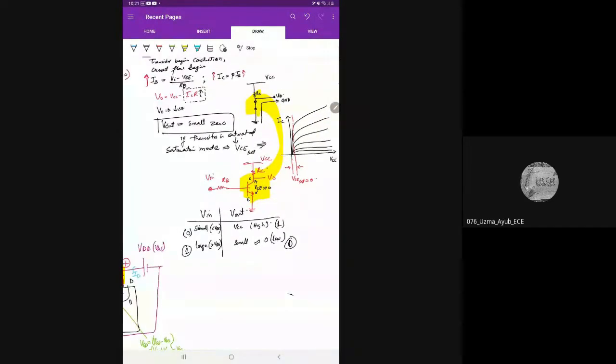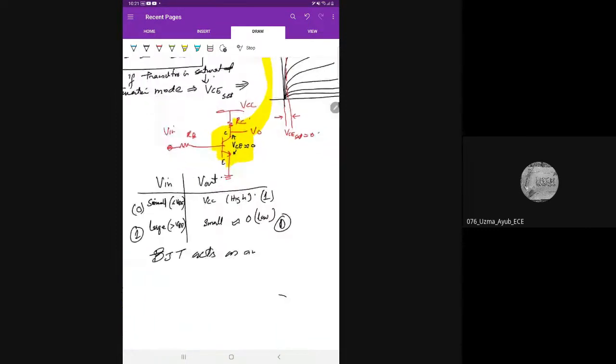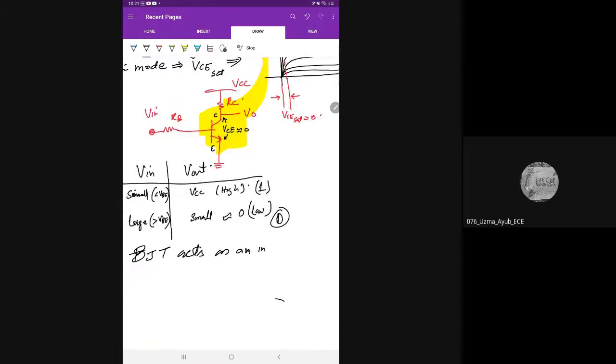So when we say that transistor as a switch application, we can remember that BJT acts as an inverted switch in saturation.